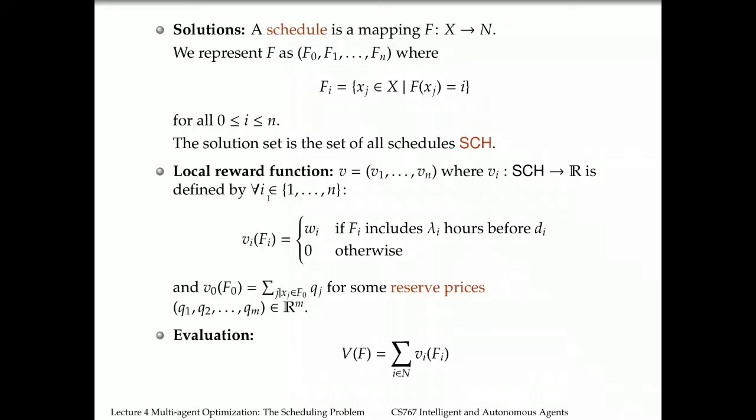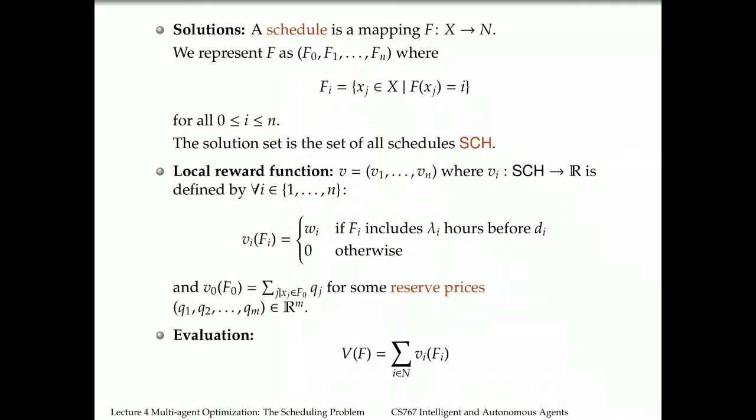The reward for agent i, given that this agent receives the time slots in the set Fi: if Fi includes lambda i hours before or on the di-th time slot, then this agent will get Wi, which is the net worth of the job. But if it doesn't, then this agent will get 0. Right? And this is for the job agents.